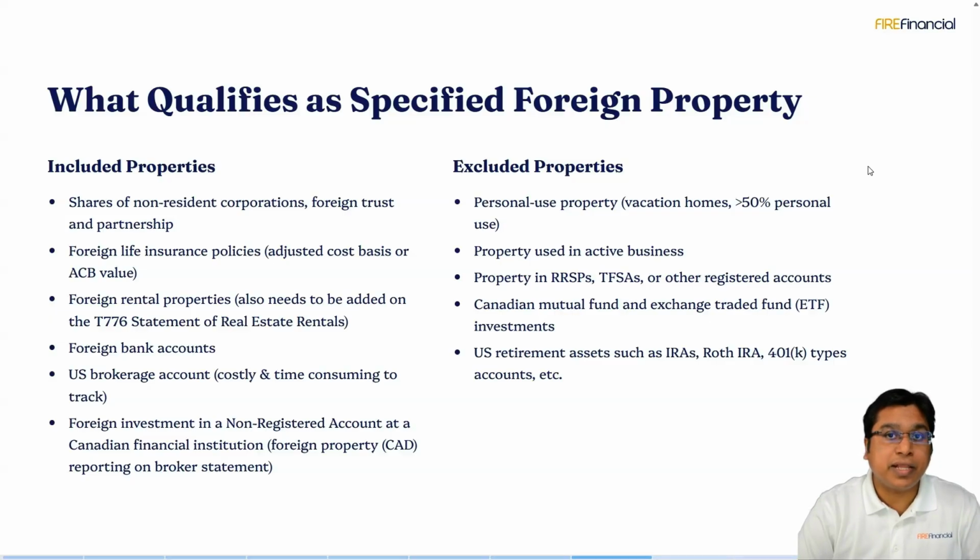CRA can easily get that information from the US counterpart. So those assets are also excluded from T1135 reporting. Now, this list does not cover all the included and excluded properties on the T1135. To get the details, you should check the CRA website, which outlines all the assets that you need to report.